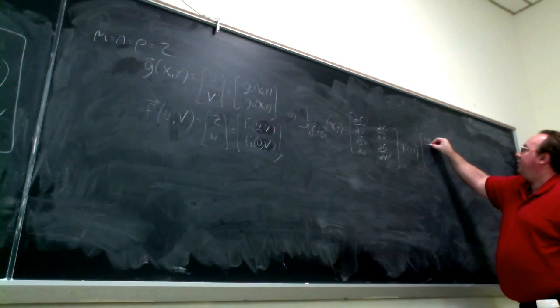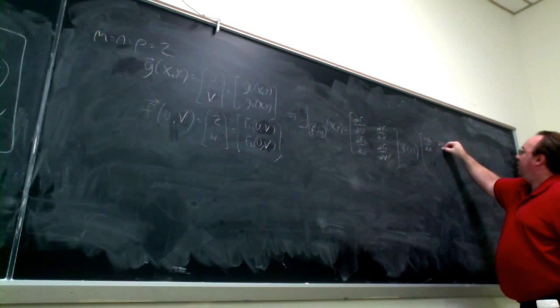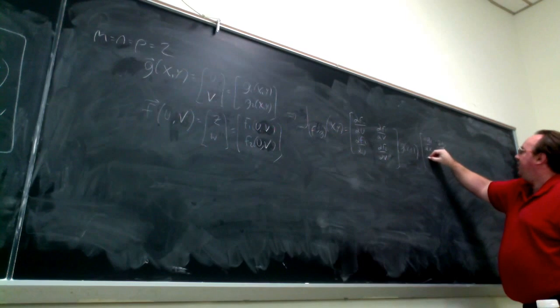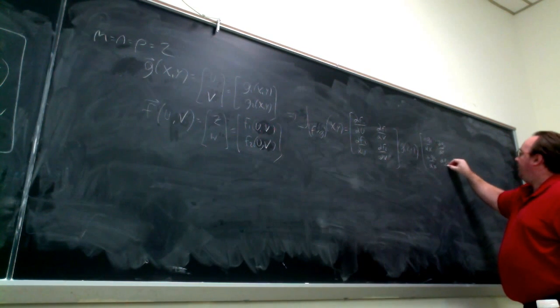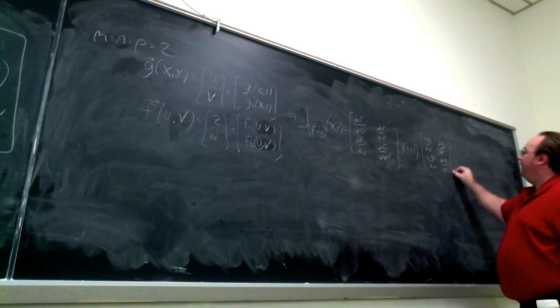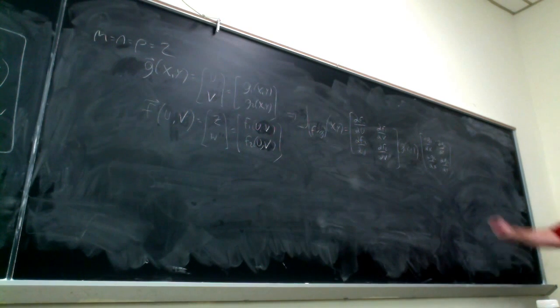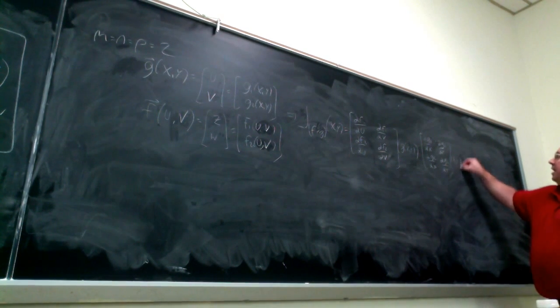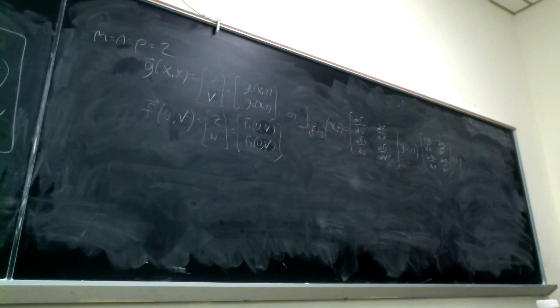Partial of g1 with respect to x, g1 with respect to y, g2 with respect to x, g2 with respect to y. And this is evaluated at x and y, just to be clear about what gets plugged into what, just like the single variable table.